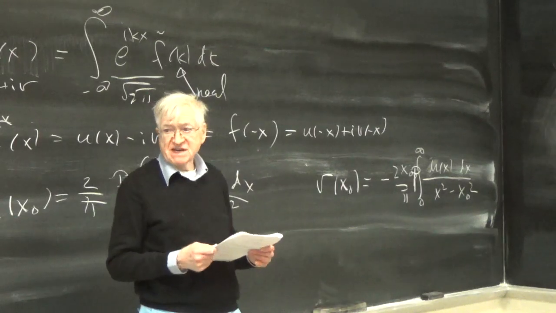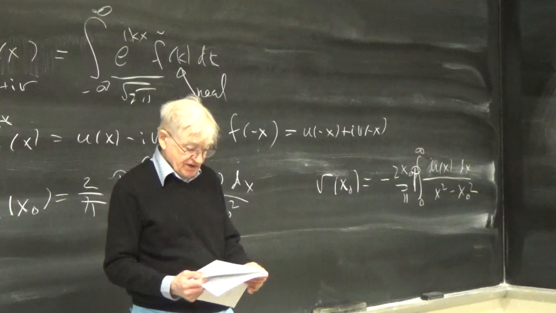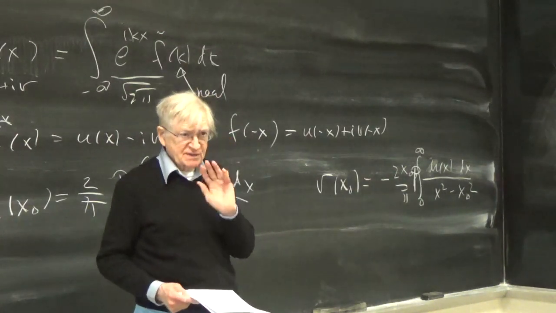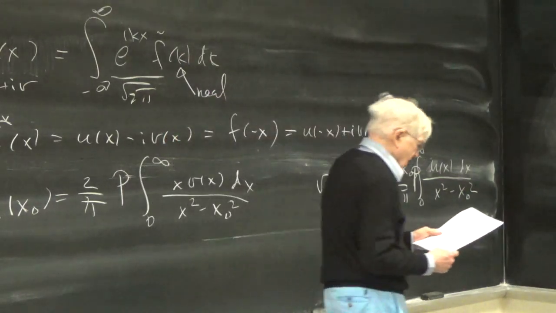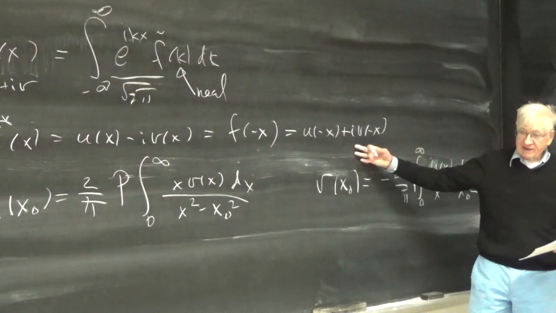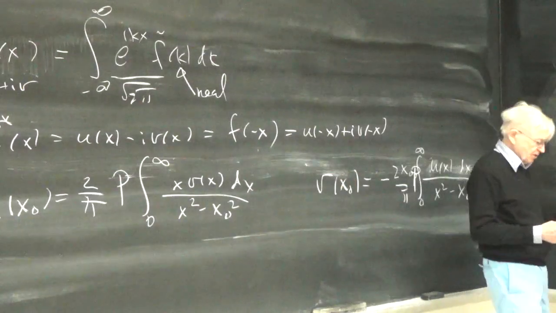Or if you want to see it, you can come on Wednesday and ask for it, and I can do it there. So let's skip that and go to phase and group velocities, because I think that's more important and more elementary than Kramers-Kronig. But Kramers-Kronig is directly related to this, so we'll be using these relations for Kramers-Kronig.